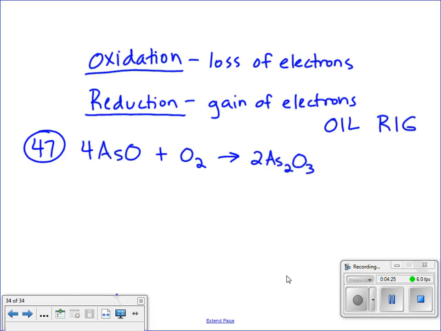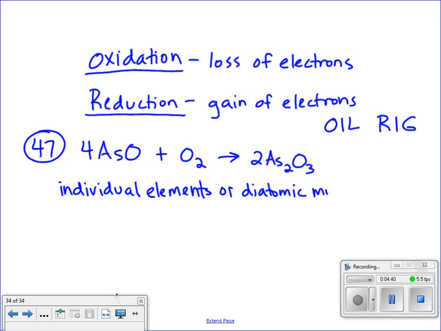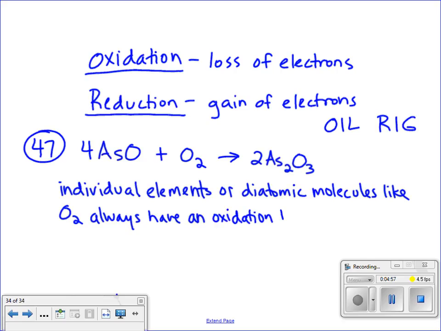One more rule I forgot to add: an individual element or a diatomic molecule like oxygen always has an oxidation number of 0.